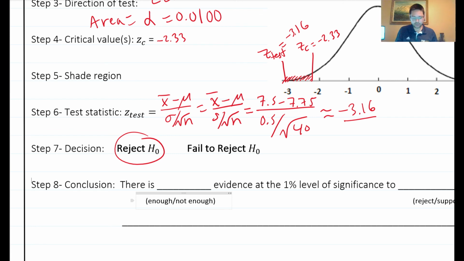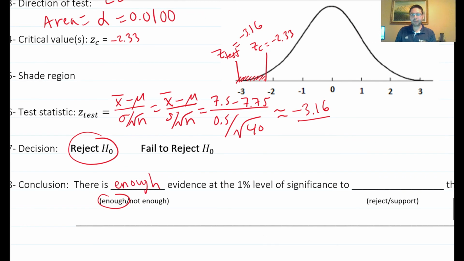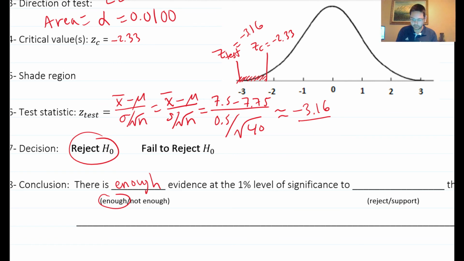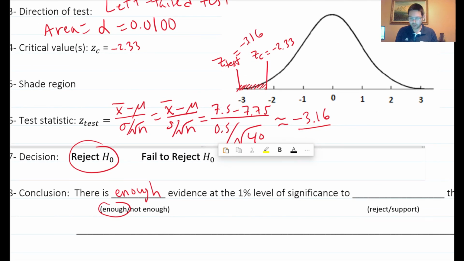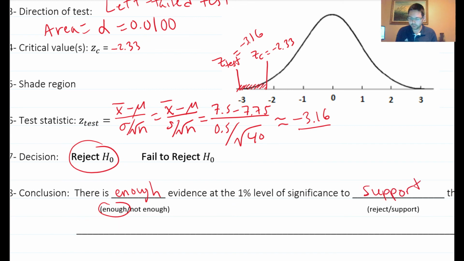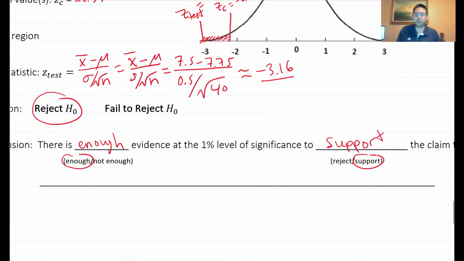All right, what's our decision, or what's our conclusion? So remember, if we said we reject, that means that we have enough evidence. So there is enough evidence at the 1% level of significance to, now since the claim belonged to the alternative, we're going to say support, okay? Since the claim belonged to the alternative hypothesis, we have to use the word support. If the claim belonged to the H0 or the null, then we say reject.